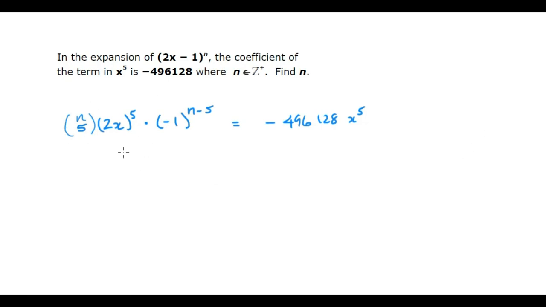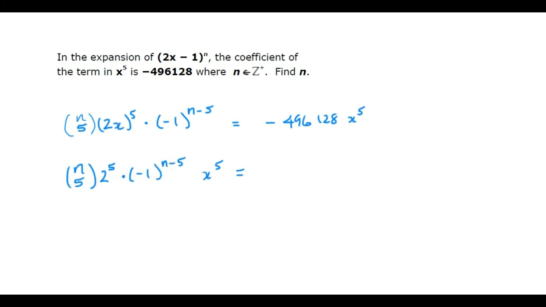So I still have my combination of n choose 5. Now, make sure you know that if you take 2x and multiply by itself 5 times, you're going to get 2 to the power of 5, and you're going to get 5 x's, which I'll put over to the side here. And I'm missing that negative 1 as well, so that minus 1 to the n minus 5.